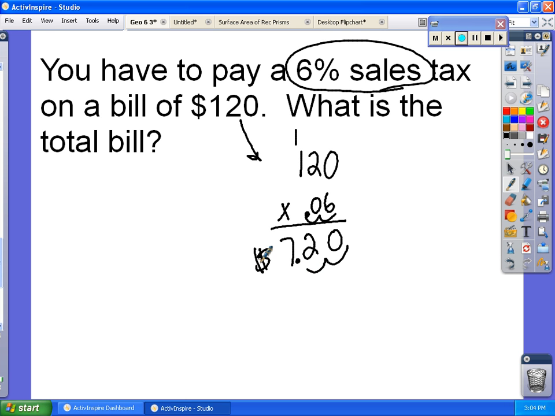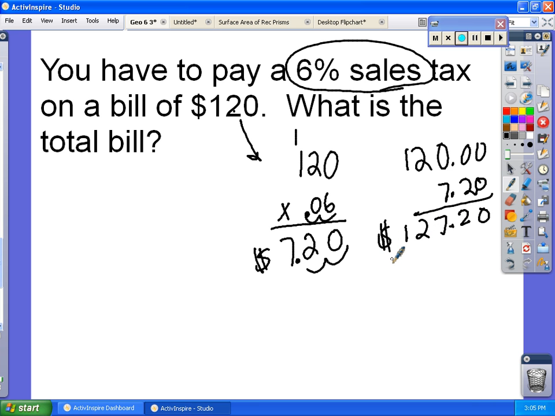But in this problem, instead of taking the price off, when you have sales tax, you have to add it to the $120. So 120.00, so that I can line up the decimals, plus 7.20 gets me $127.20, the total price of the bill.